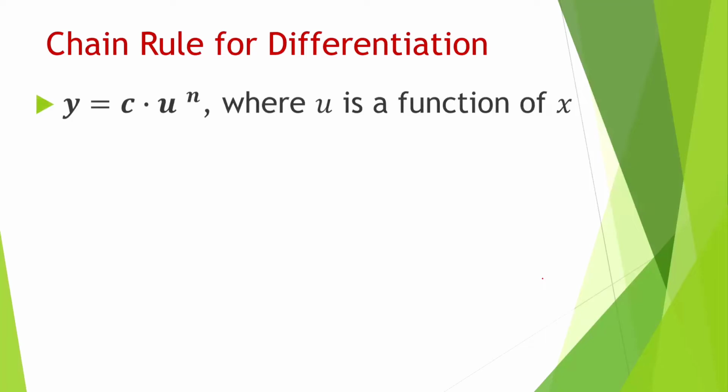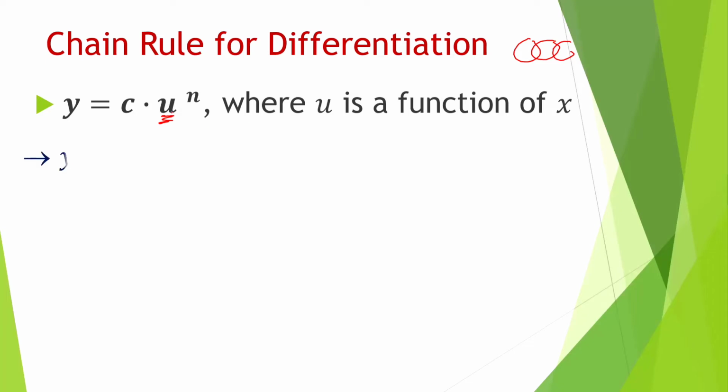For the chain rule for differentiation, we are given this kind of expression, similar to cx to the n. Except here, we're assuming u is a function of x. So it's just like a chain, di ba, you still have to differentiate what's inside.